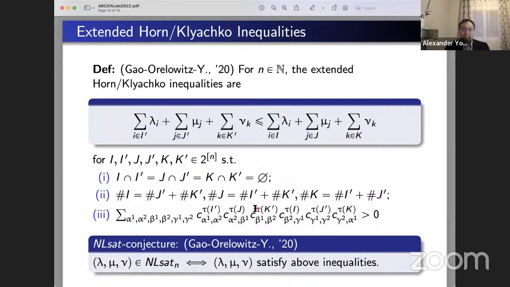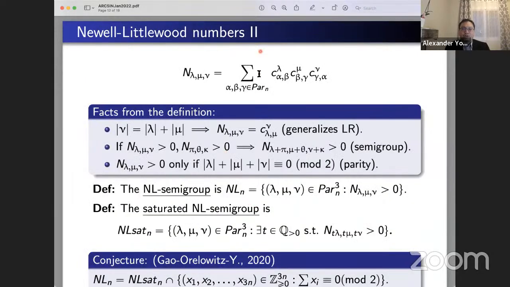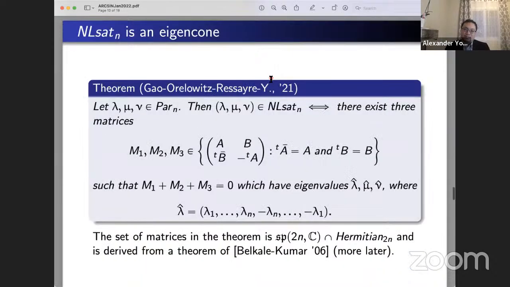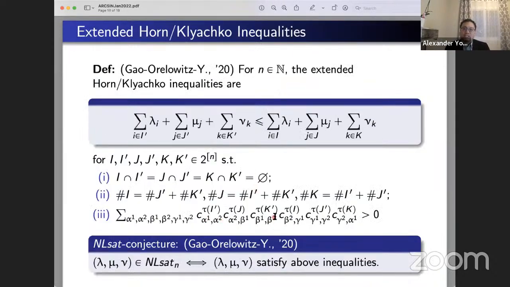You'll notice that the definition of the NL coefficient is that you're summing over three LR coefficients where you go alpha to beta, beta to gamma, gamma back to alpha. In this non-zeroness constraint, you have alpha 1 to alpha 2, alpha 2 to beta 1, beta 1 to beta 2, and so on, back to alpha 1. So it's the same form as the NL coefficient formula, except with more of them.